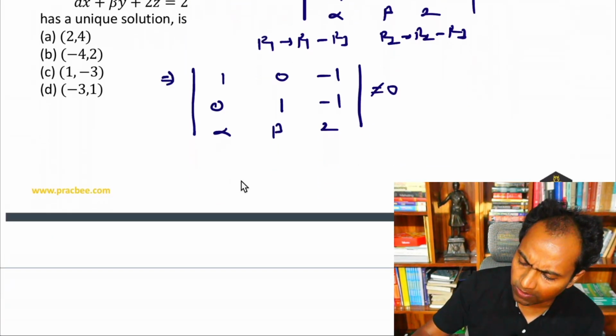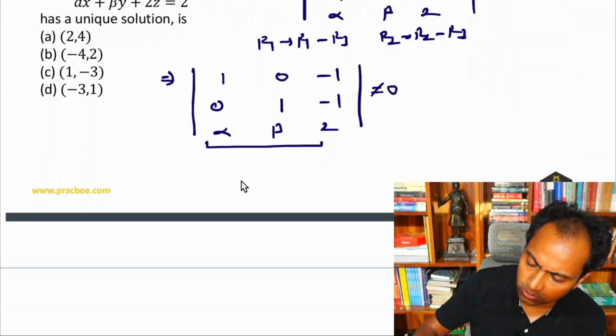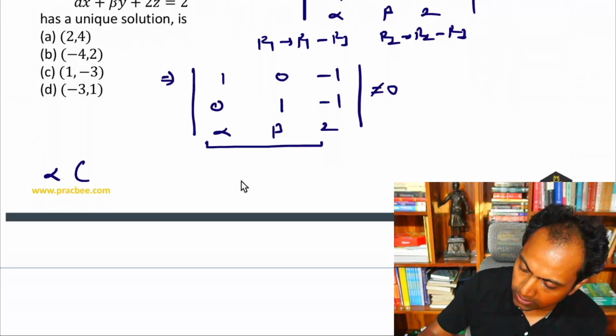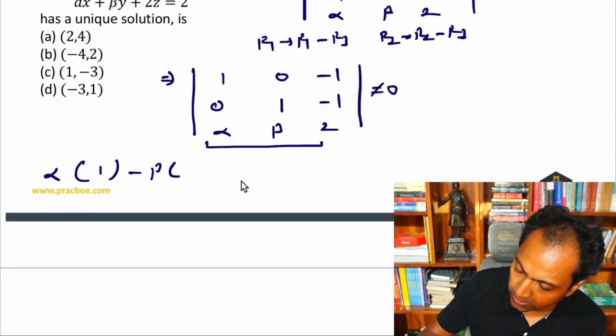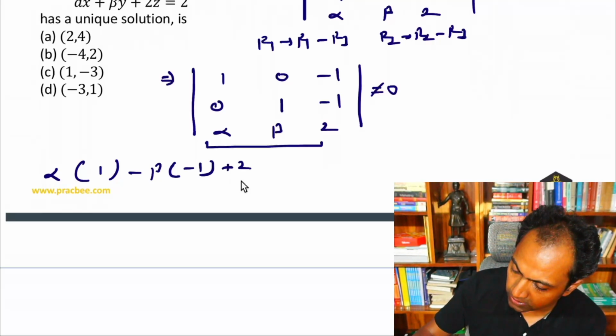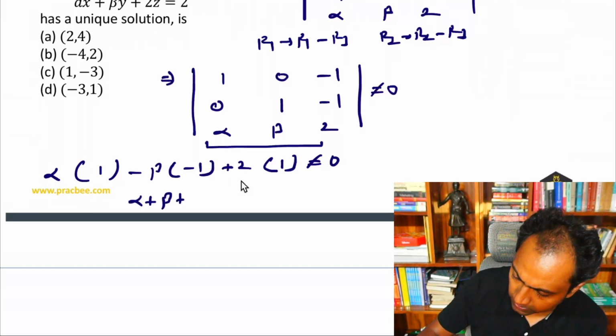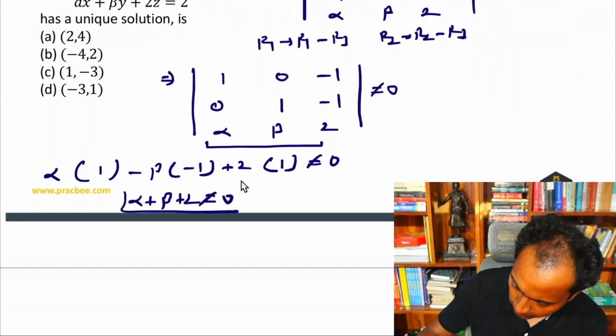Let us simplify. We are going to open it along the third row. So alpha times 1 minus beta times minus 1 and plus 2 times 1 should not be equal to 0. So we should not have alpha plus beta plus 2 equal to 0.